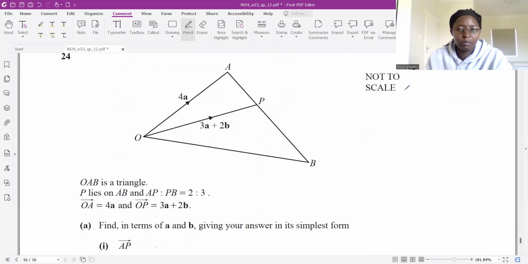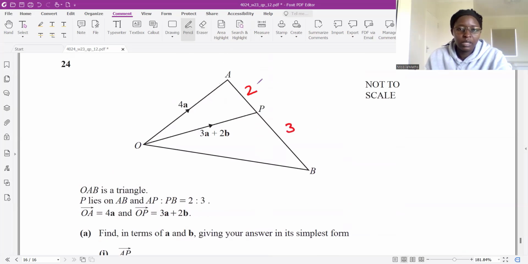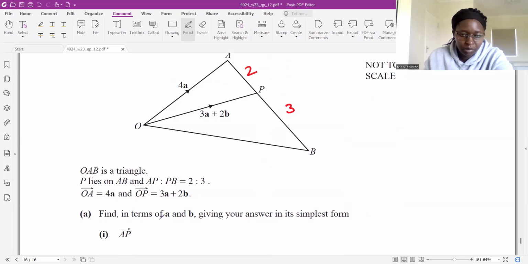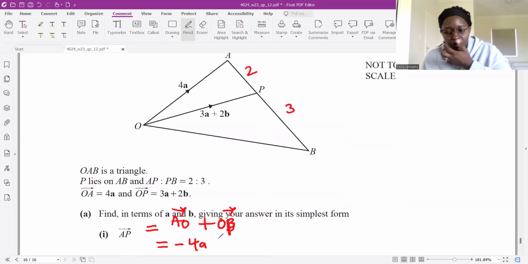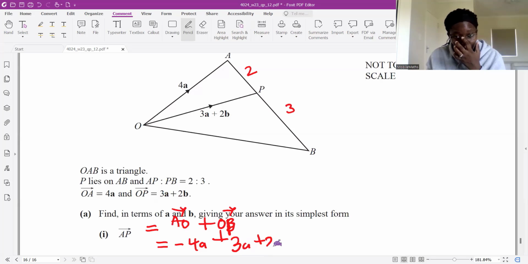We have a ratio of PB. This is 3, this is 2, okay? Then find AP. We can find AP using AO plus OP, but on A, we are opposing, so it means it's going to be minus 4A, and then plus 3A plus 2B, like this.